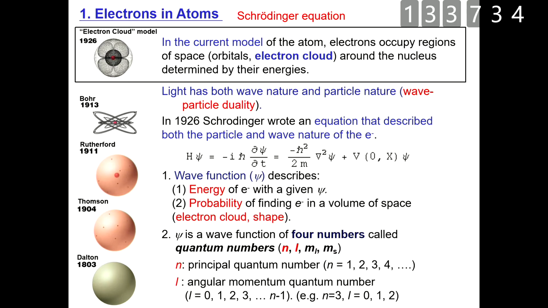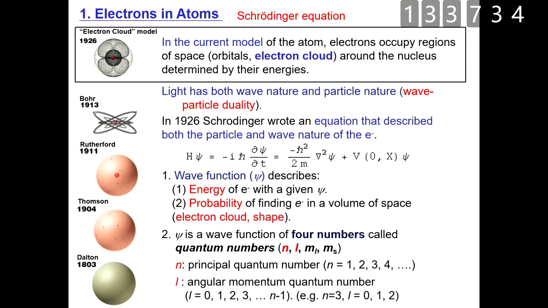But in the electron cloud model, electrons occupy regions of space. This is also called the electron cloud. This means one electron does not just stay in one orbit. It will occupy the space.